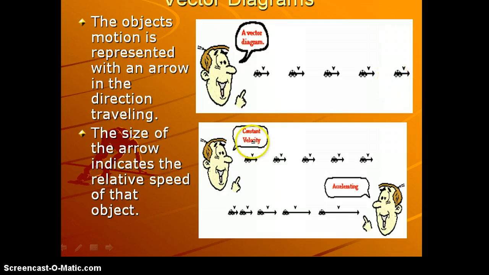And that is represented here as well, the same picture. If an object is accelerating, we might show the arrows increase in size to show that the object is increasing its speed or velocity, which is also changing, or accelerating. We will work more with vector diagrams as we get into forces, and be able to show which force is stronger than another or if there are balanced forces.